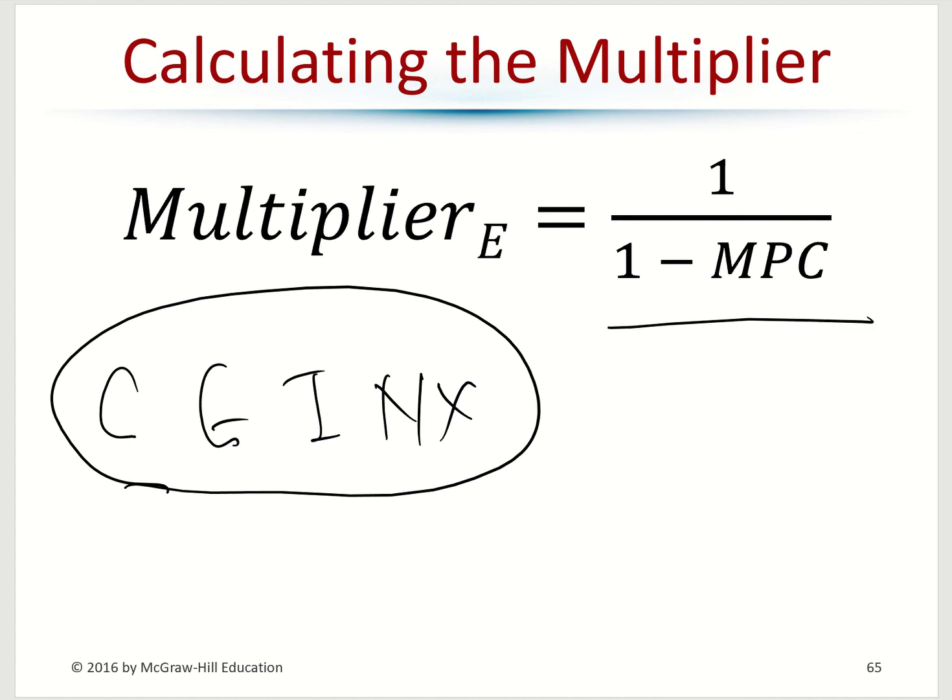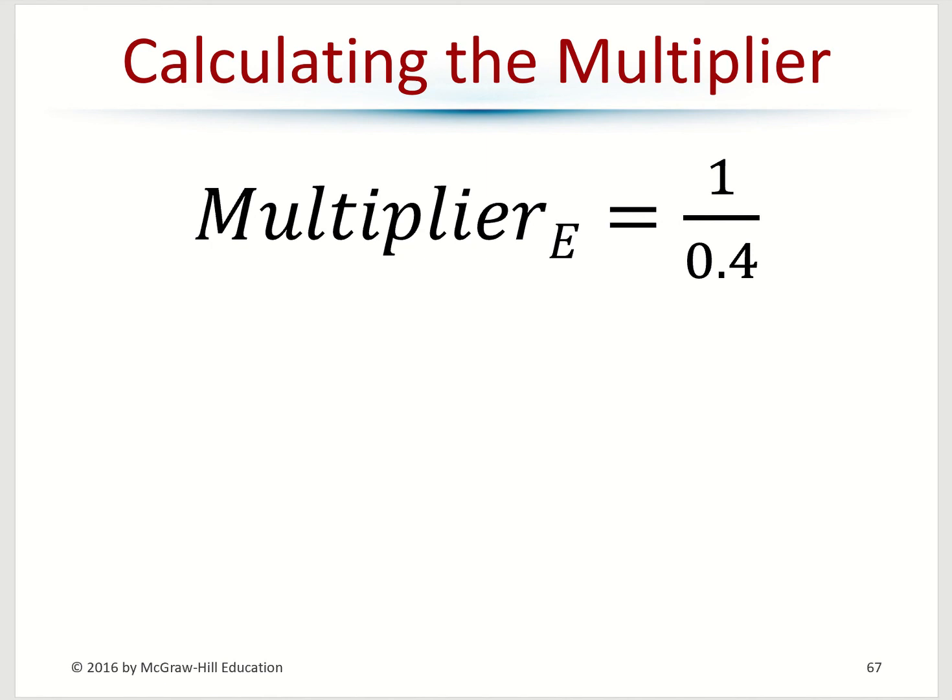1 divided by 1 minus MPC. So let's suppose the MPC is 0.6. So 60% of whatever extra income you have goes to consumption. Then the multiplier would just be 1 over 1 minus 0.6, and the answer is 2.5.